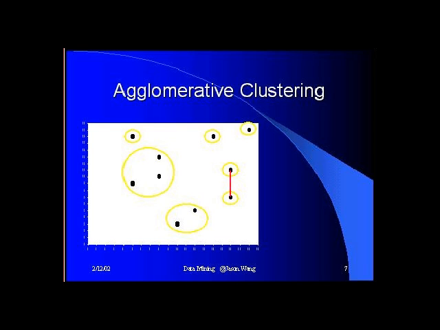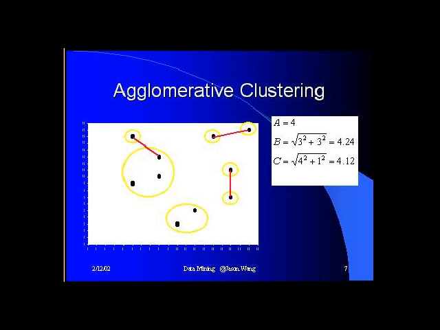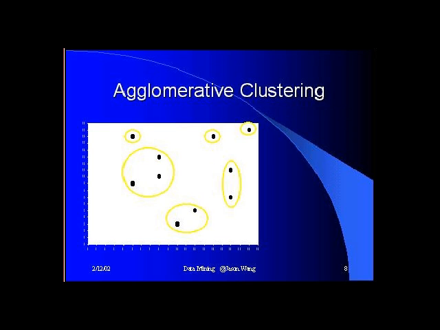Distance value A here. Distance value B here. Distance value C here. And then we calculate the values. And it turns out that A is smallest. Okay? 4, 4.24, 4.12. So this is smallest. So you should merge them together. Okay? So I merge them together. So now at the end of this iteration, I have only 6 clusters.